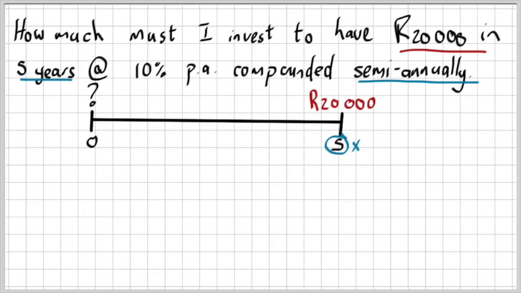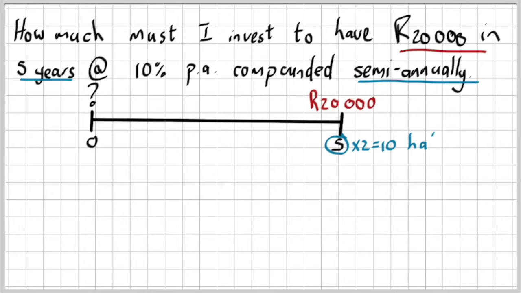That means twice a year. So that 5, which is in years, I want to put into half years. So in other words, N is 10 half years.